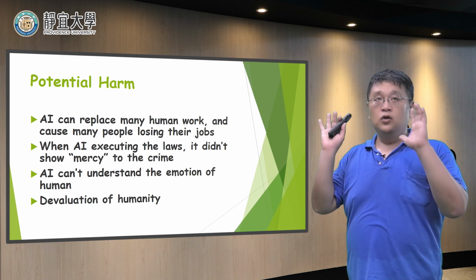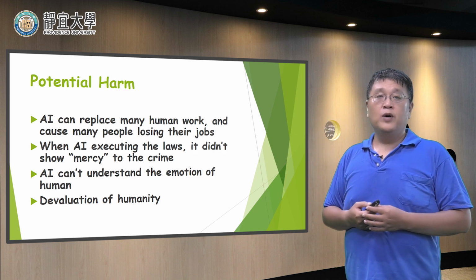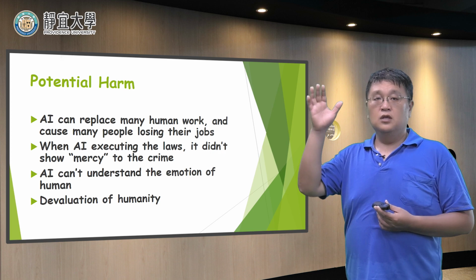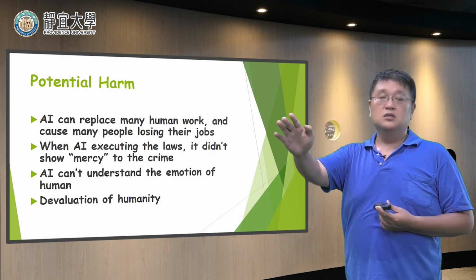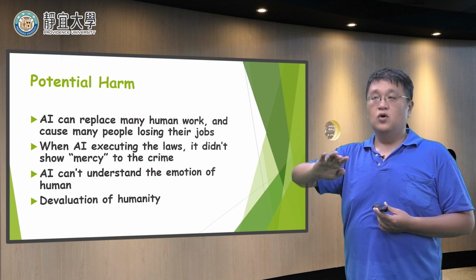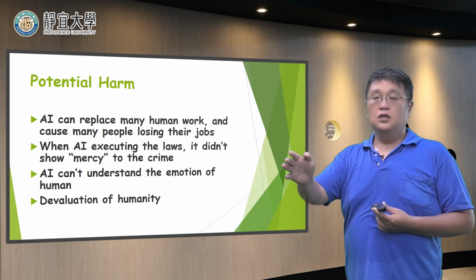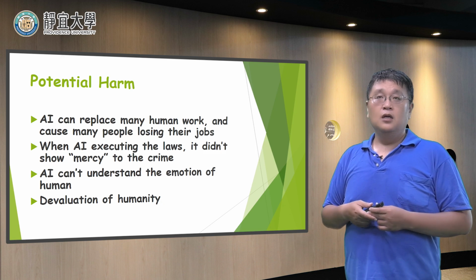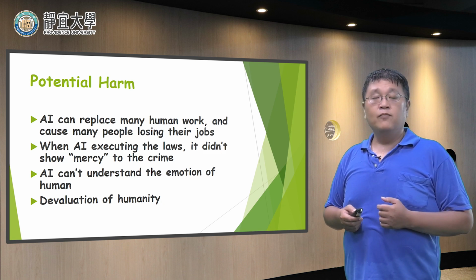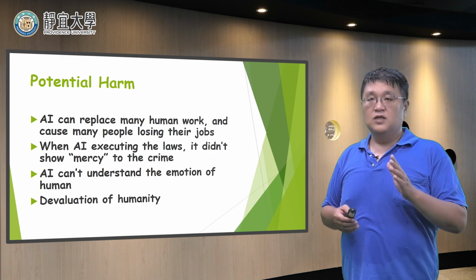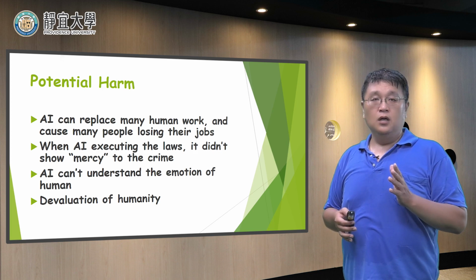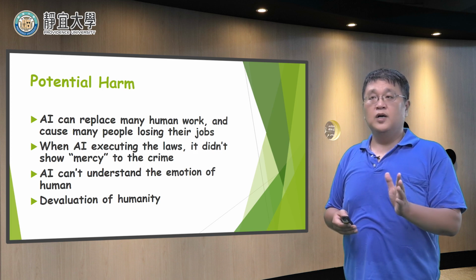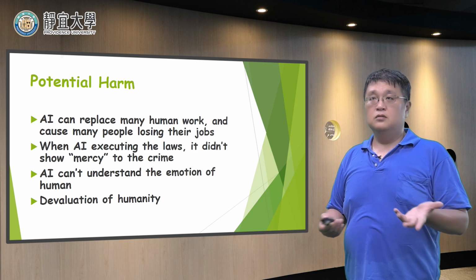Also, we talk about the law. We can use AI to judge a crime according to the evidence we have. But there's some problem there. Sometimes we talk about the laws, and we also talk about mercy.